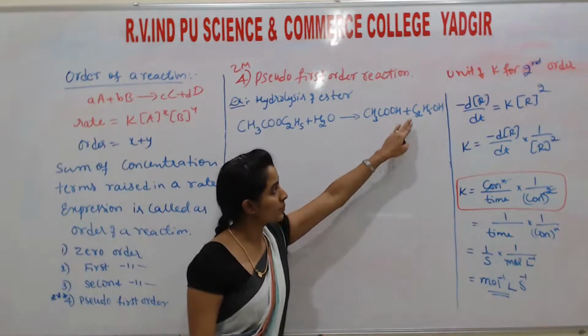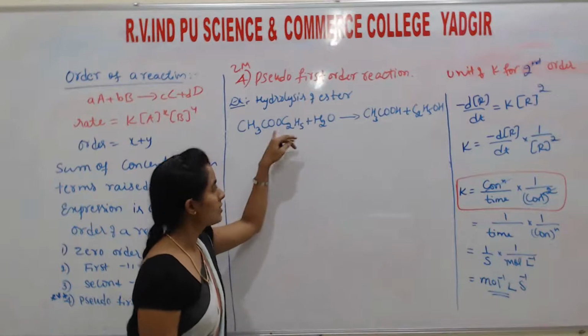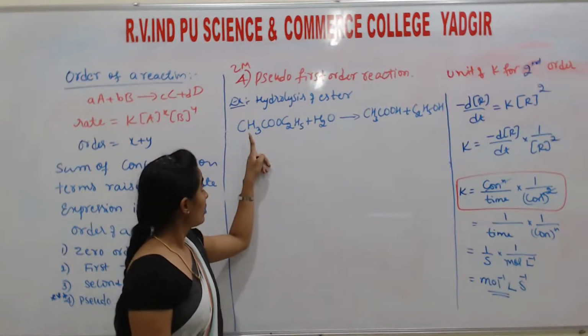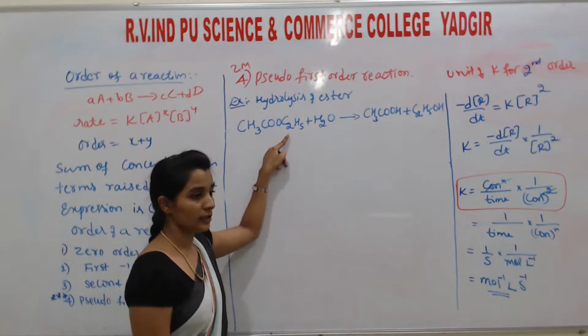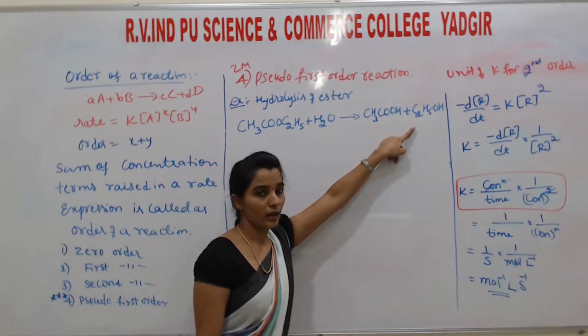CH3COOH plus C2H5OH. So this is hydrolysis of ester. This is ethyl ester. Okay, with H2O, it forms acetic acid and alcohol, ethanol.